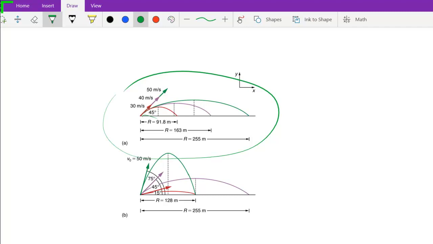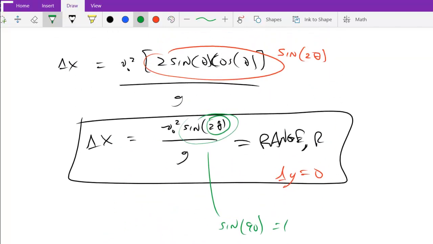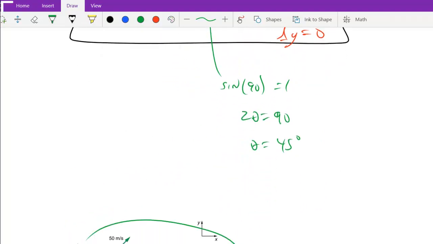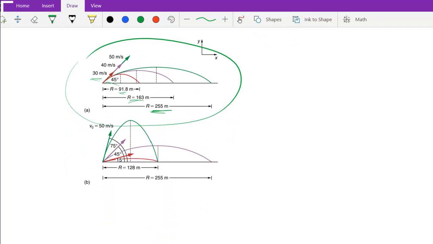For 30 meters per second, the range is 30 squared times the sine of 2 theta, and since theta is 45 degrees, this is the sine of 90. So we have 30 squared divided by 9.8, which is 91.8. Similarly, at 40 meters per second, this is 40 squared divided by 9.8. This is 50 squared divided by 9.8.